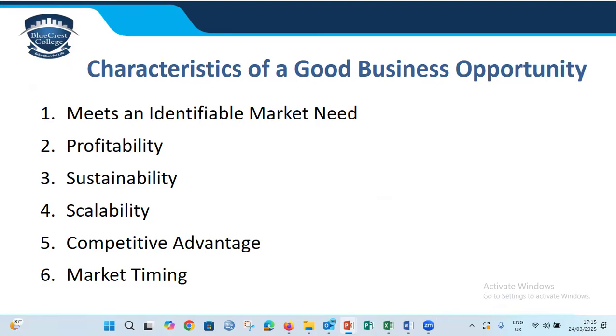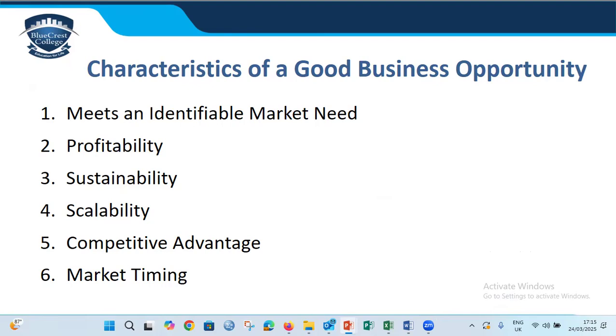If we say market, we are not referring to a location. The market here refers to the people, your potential clients. What do they need? Your ability to meet that need shows that the idea you have is a good one. If the idea is not meeting any identifiable market need, then the opportunity is not a good one.